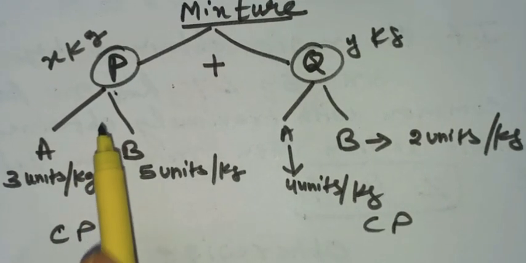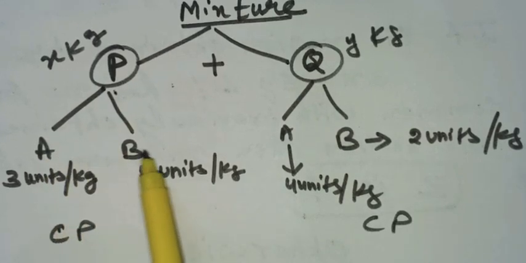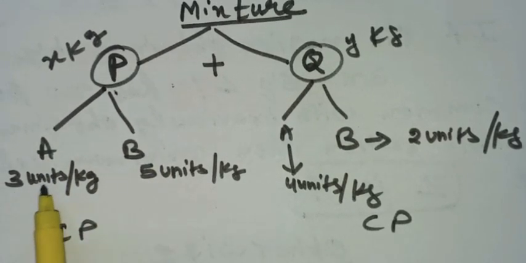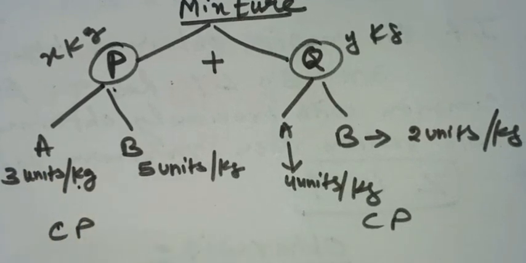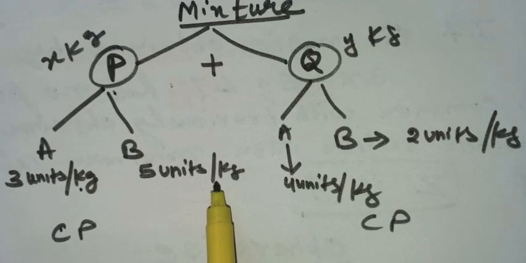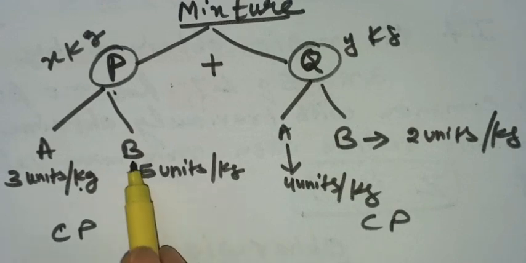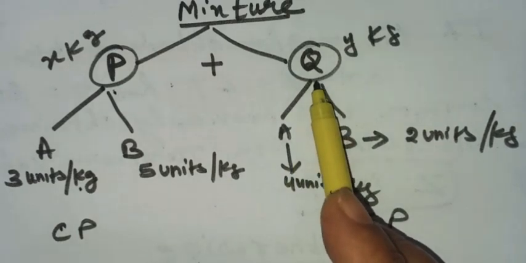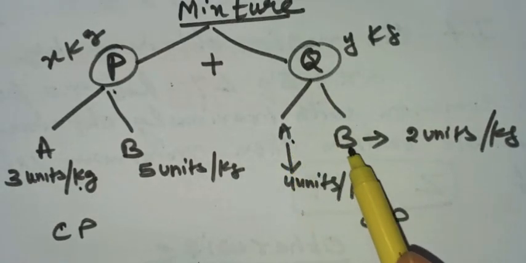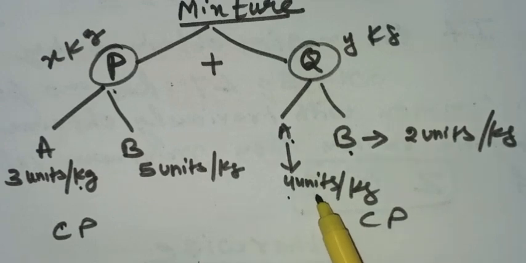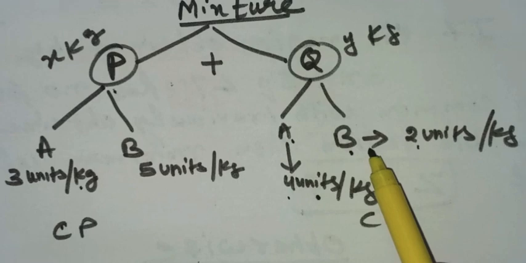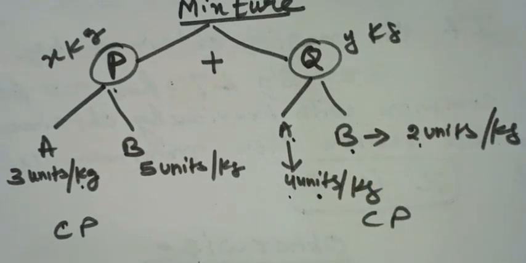And let us analyze further. Food P contains vitamin A and B. How much? In every kg of food P, there are 3 units of vitamin A and 5 units of vitamin B. Similarly, food Q also contains vitamin A and vitamin B. According to the question, in every kilogram of food Q, there are 4 units of vitamin A and 2 units of vitamin B. So, this is all about the vitamin content in both the foods P and Q which are to be mixed.